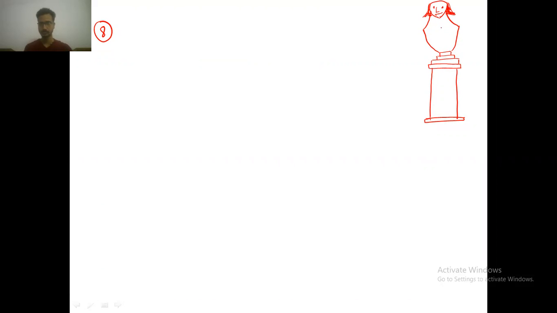Then the statue is fixed on the base. This is the base. This is known as pedestal. So this is the statue. The statue is placed on the base. This base is known as pedestal.